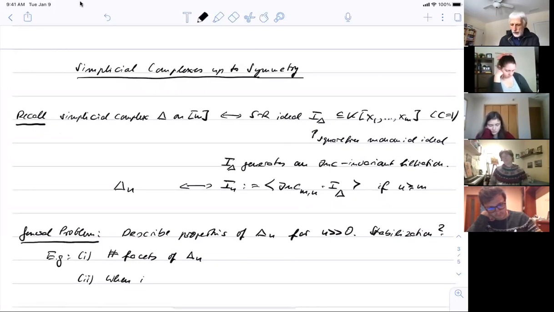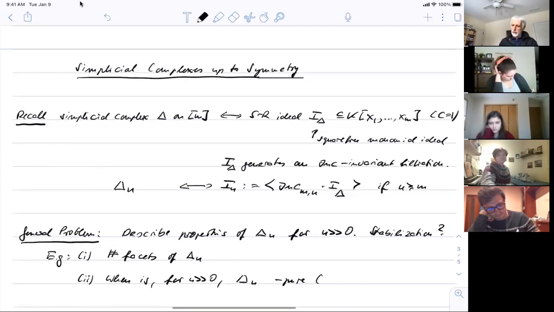What can we say about properties such as pureness? So what does pure mean?